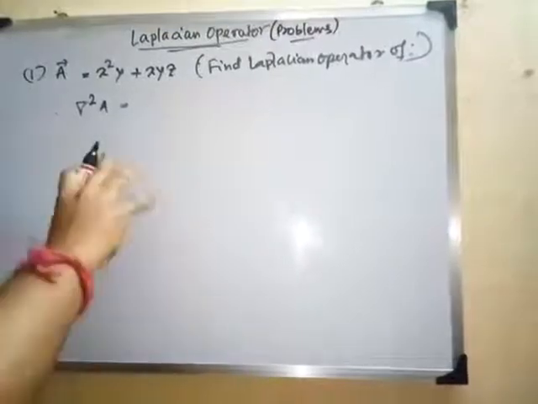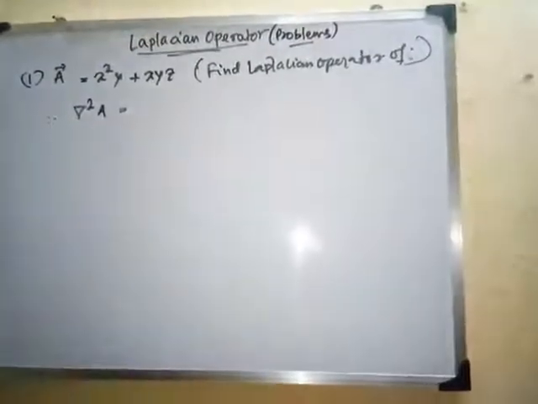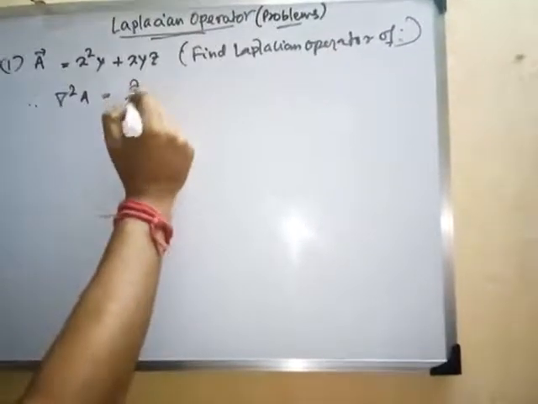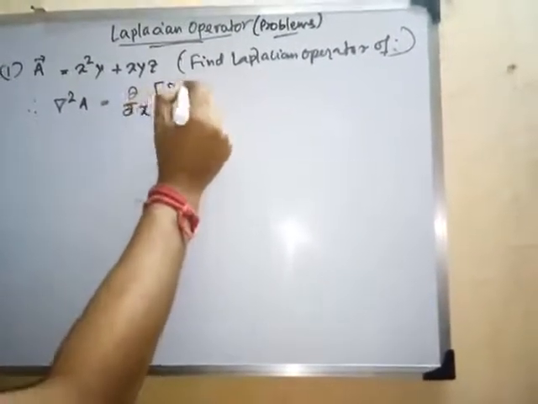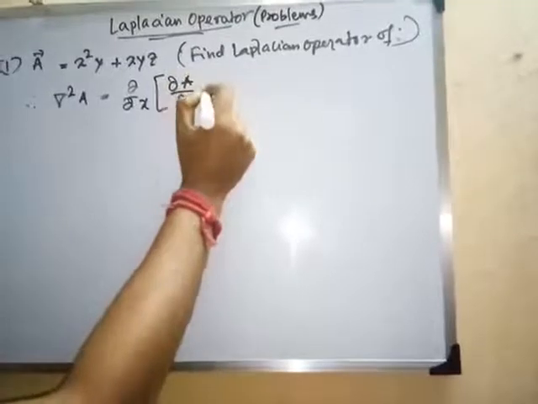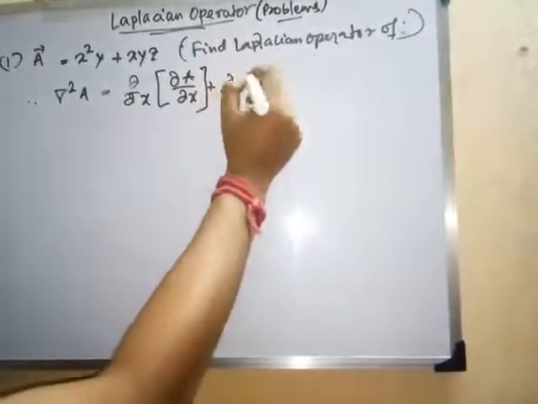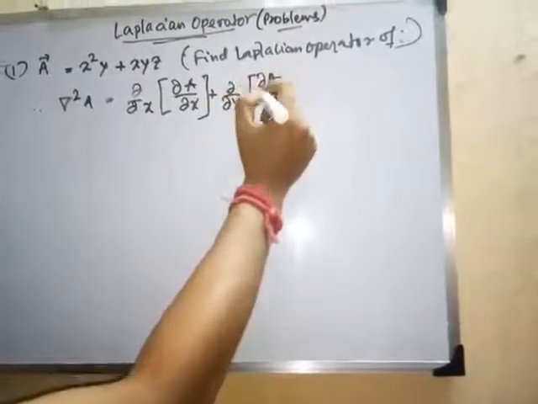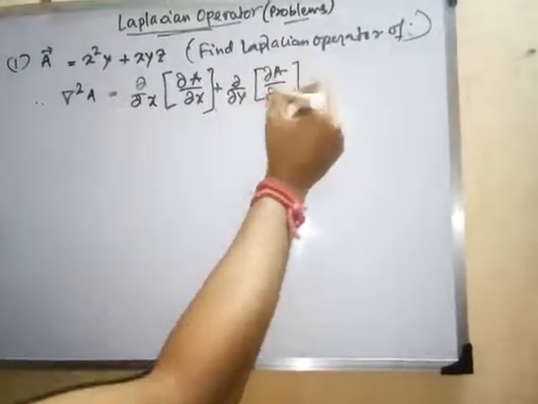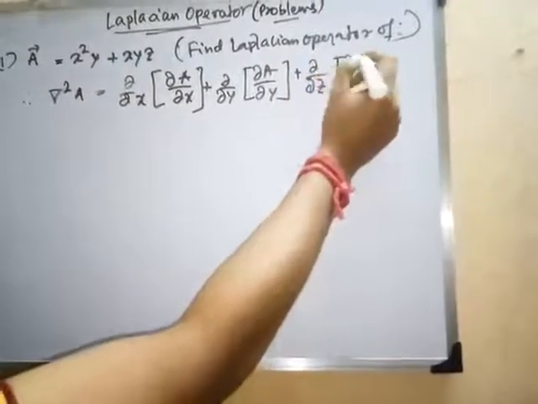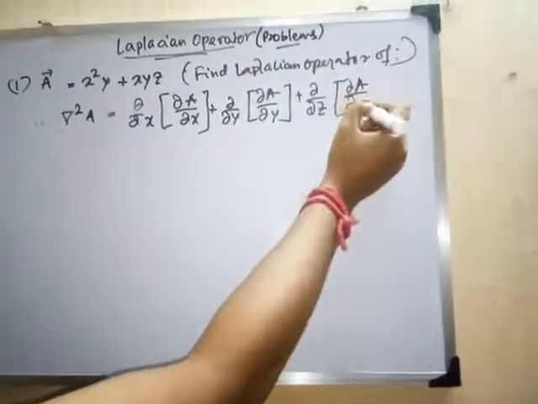Even if they define it, the process will be the same. So del square A will be del x of del A del x plus del y of del A del y plus del z of del A del z.